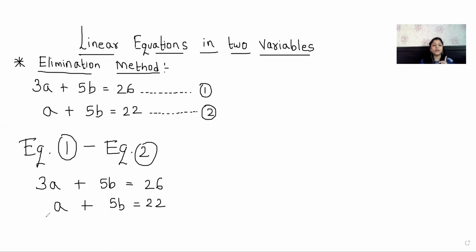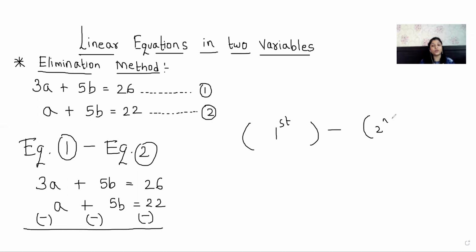So plus a will become minus, plus 5b will become minus, and plus 22 will become minus. Now the question is, why are we changing the sign? Because when you subtract, this is the first equation minus the second equation, so when you open the bracket, this minus sign will get multiplied with each term of the second equation. Hence the sign will change.